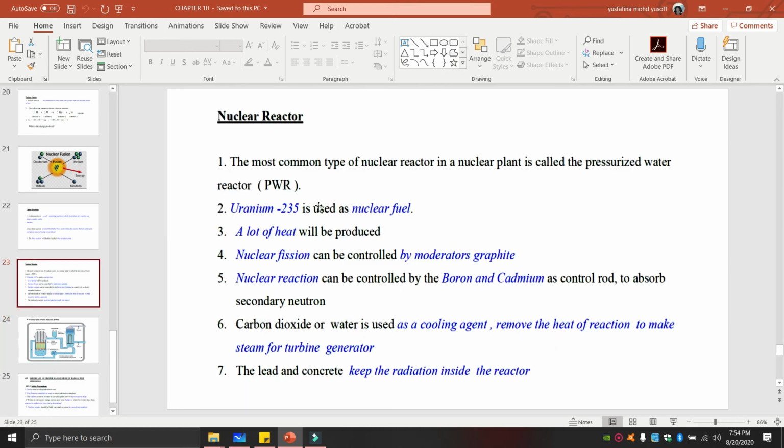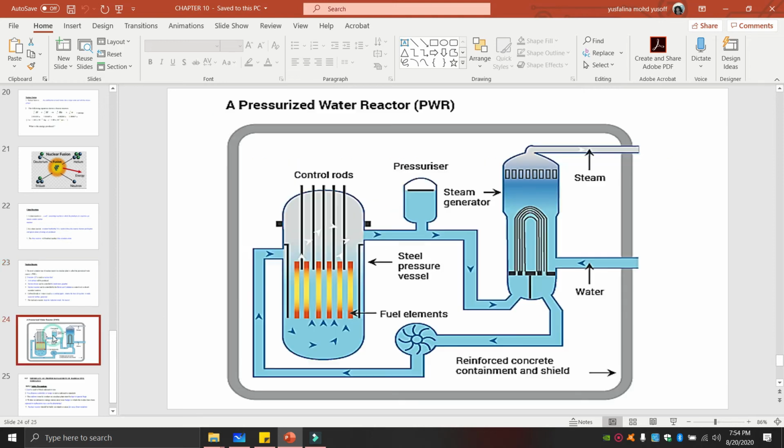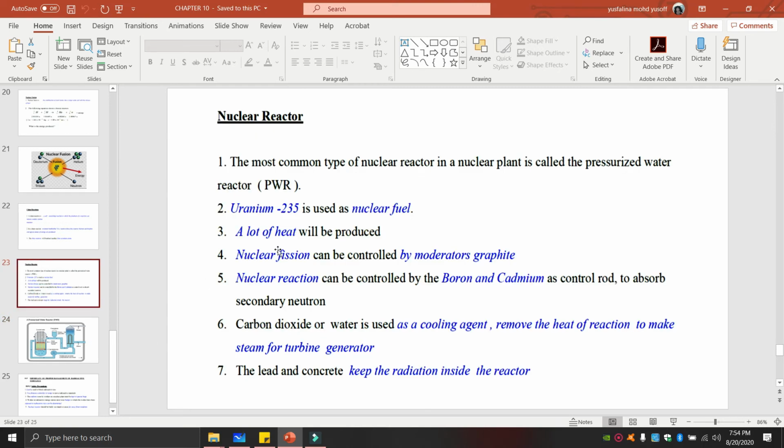So uranium-235 is used as a nuclear fuel. So we fill the uranium-235 in the fuel here. And then you see a lot of heat will be produced.